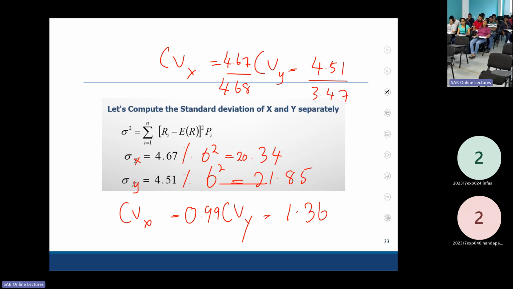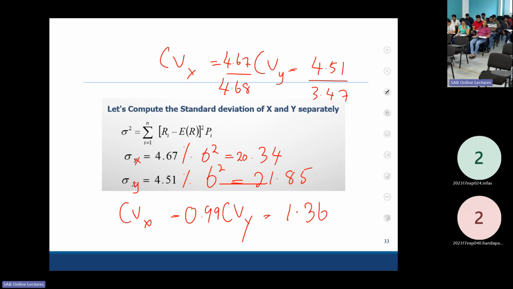If you compare with the standard deviation, you will end up with the answer that the risky one is X. But it's wrong. According to the coefficient of variation, the riskiest one is Y, because 1.36 is higher than 0.99 for X.